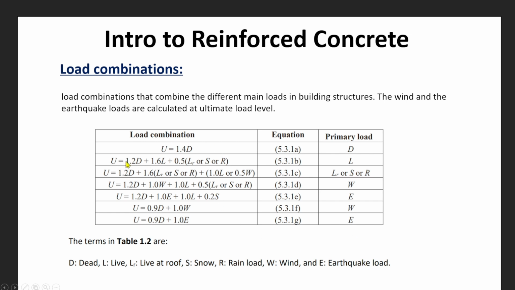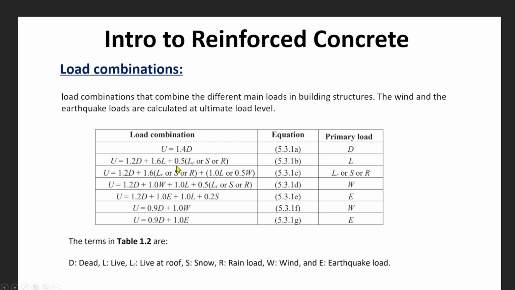And the second one, 1.2 D plus 1.6 L plus 0.5 Lr or S or R. And lastly we have these equations, where the primary load is dead load, live load, wind load, or earthquake. These equations are given in this table, and you can refer to this table in the ACI code.